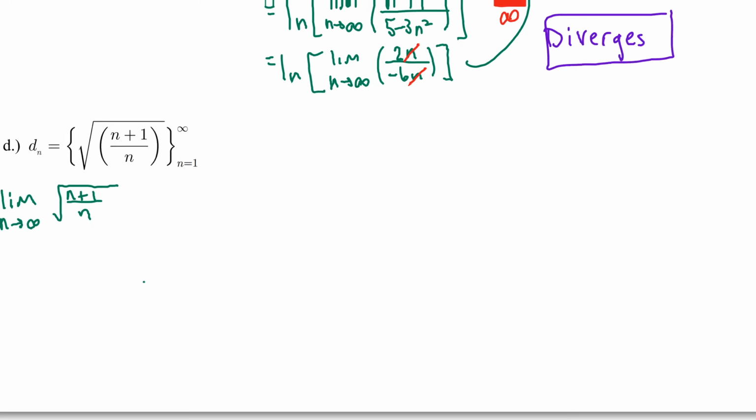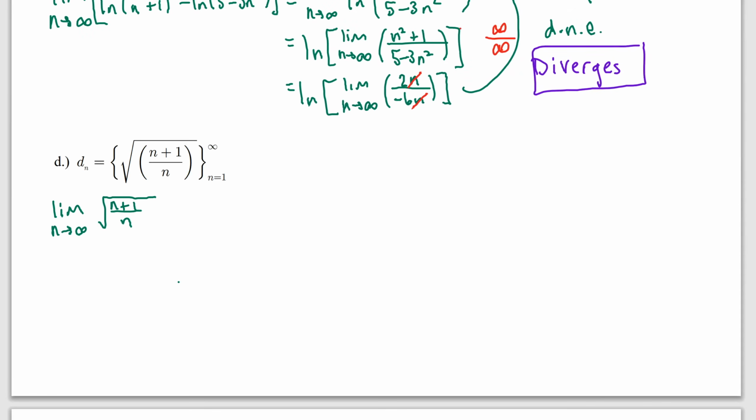Now, just as on our previous example, we switched the limit operator and the function, we can do the same thing here, recognizing that the outside function is this square root. So we can write this as the square root of the limit as n approaches infinity of n plus 1 over n.